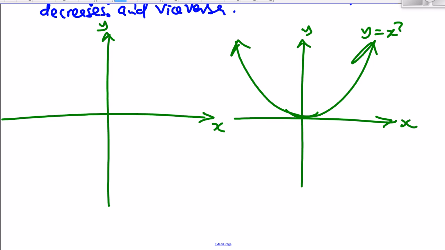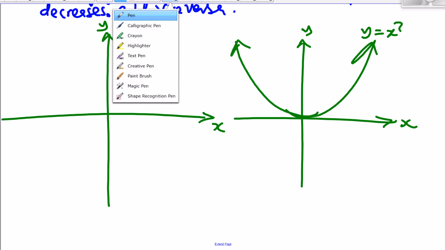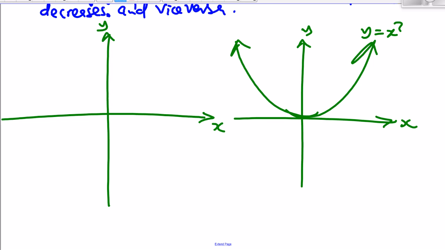So the vertical asymptote is where the graph of y is equals to x squared is touching the x-axis. So the y-axis will be our vertical asymptote. On the left, this function here is decreasing, which means this function will be increasing.